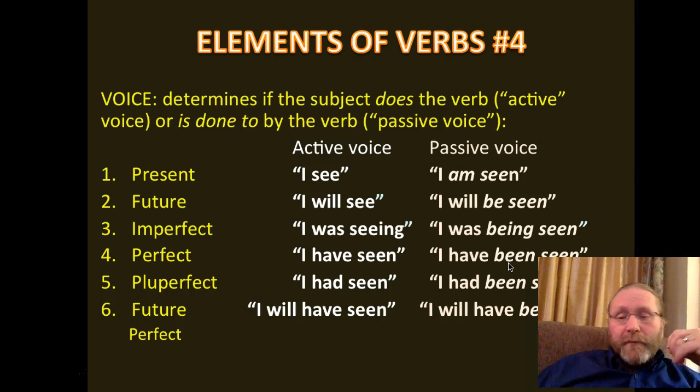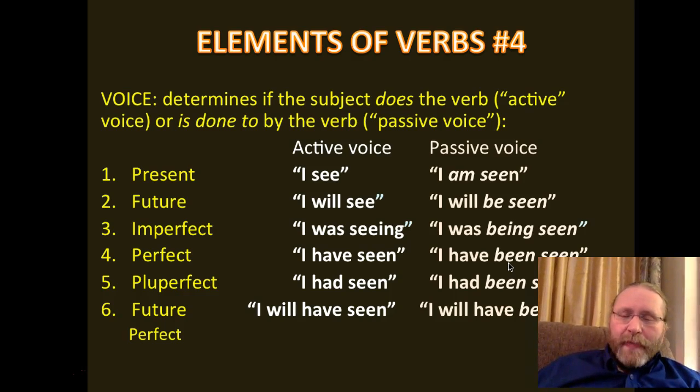Finally, we have voice. Voice, as we were saying in the first slide, is either active, where the subject is doing the verb, or passive, in which the subject is the recipient of the action. And so I've put some examples here with see, so you could see the difference between them. In present tense, I see is active, and I am seen is passive.